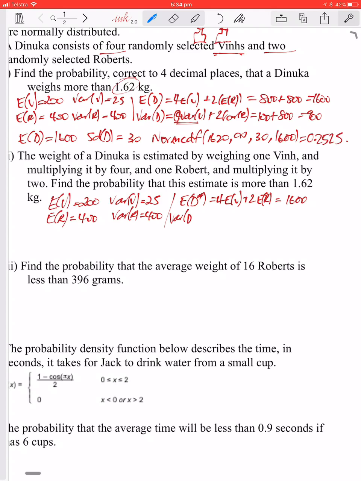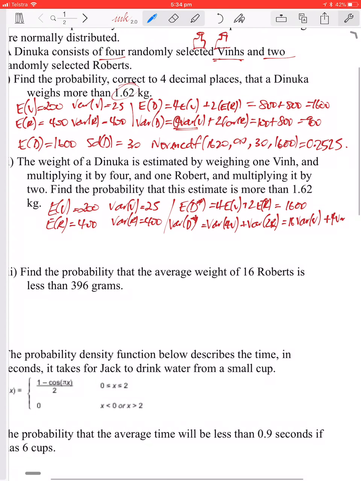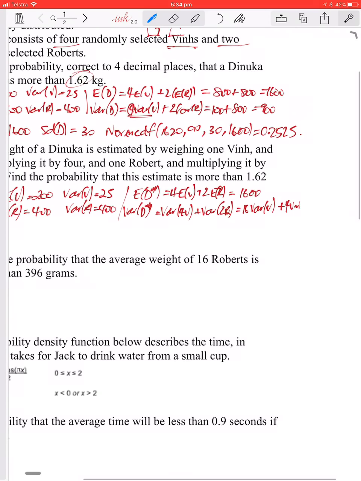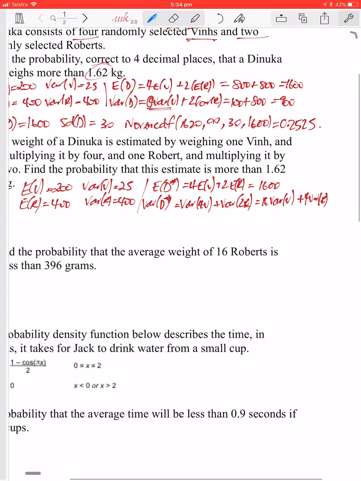Okay, this time my var of D star is the var of 4V plus the var of 2R. So here, that's going to be 16 times the var of V plus 4 times the var of R. Okay, so 16 times 25 is 400, and 4 times 400 is 1600, so altogether that's 2000.